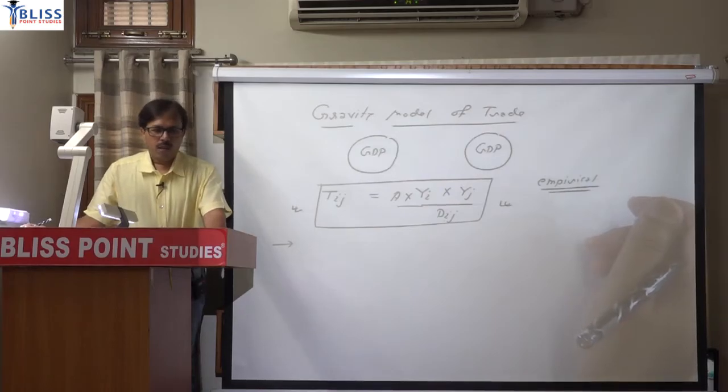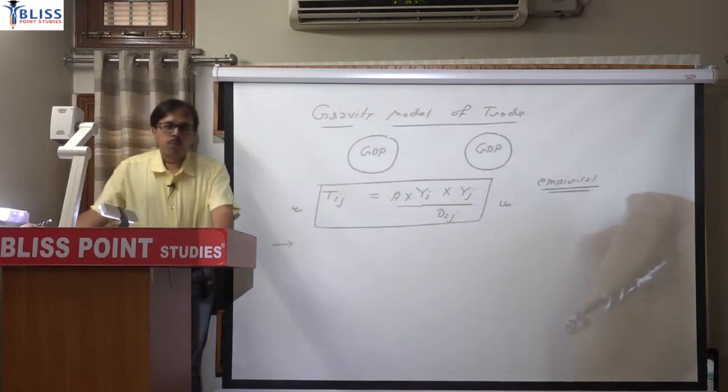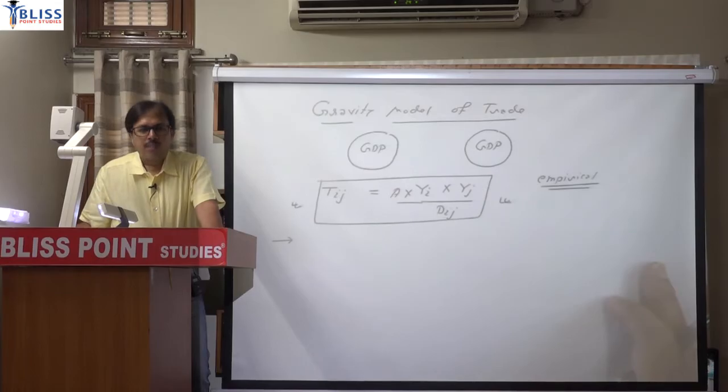Similarly, trade between two countries is proportional to the product of their GDP and it diminishes with their distance. Full stop.